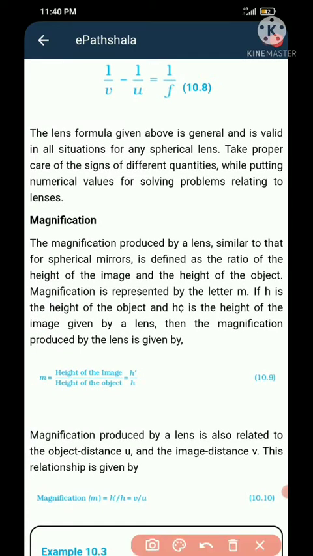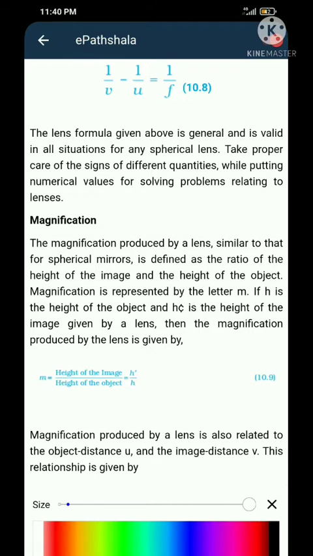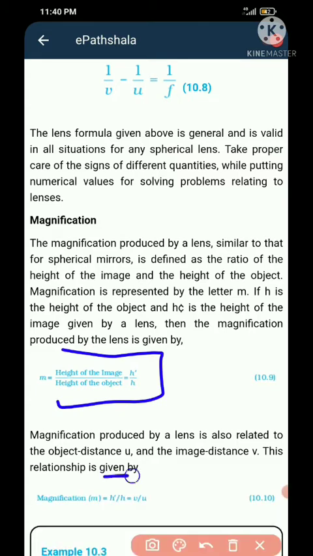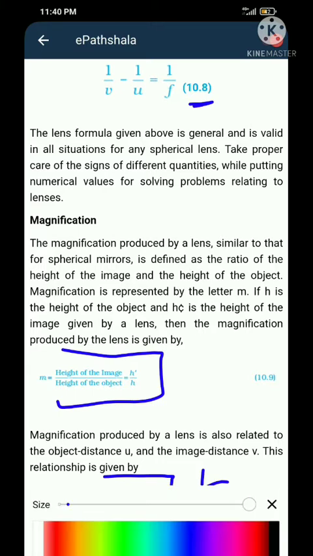Let's talk about the magnification formula. Magnification is height of image upon height of object, h dash upon h. Another formula is v upon u. Remember, here it is a positive sign, and for the lens formula it is negative here. If you want to compare with the mirror, the mirror formula becomes plus here: 1 upon v plus 1 upon u is equal to 1 upon f.